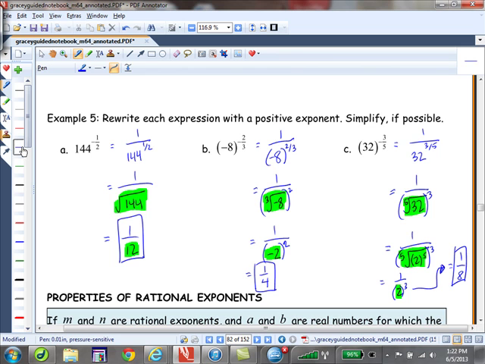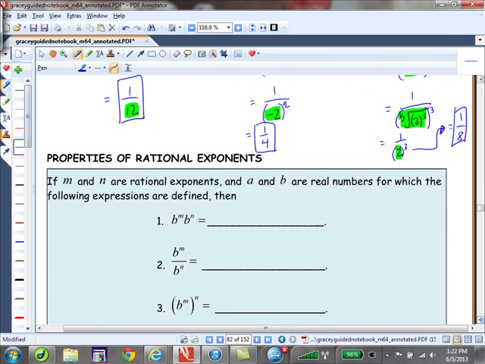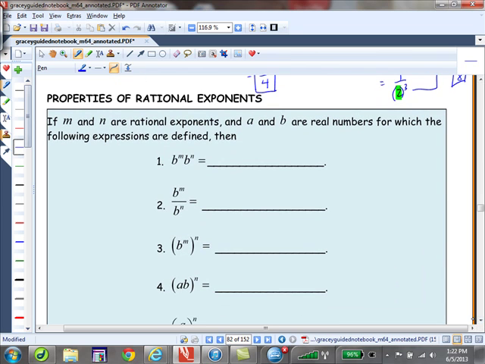All right, so properties of rational exponents. Be careful now, so that we don't have to come up with 4 different variables. We've been saying m over n in the other definitions. Now m is a rational exponent.